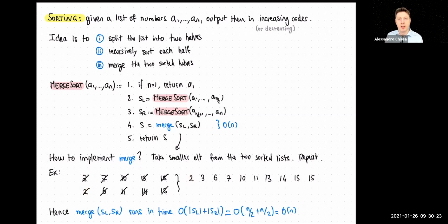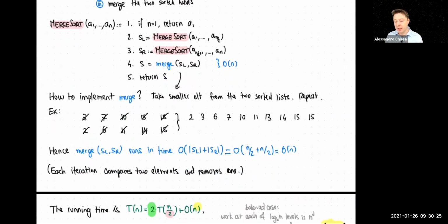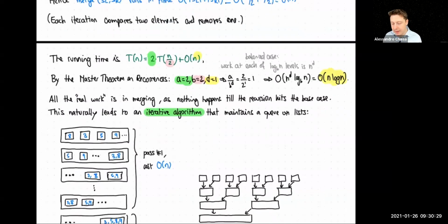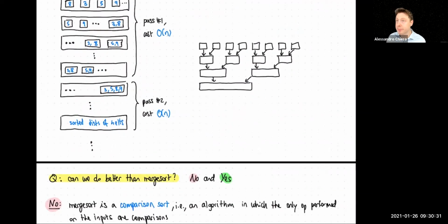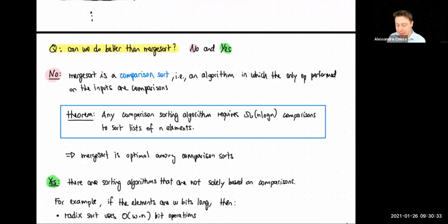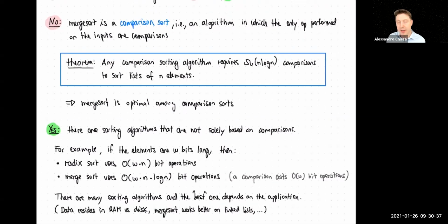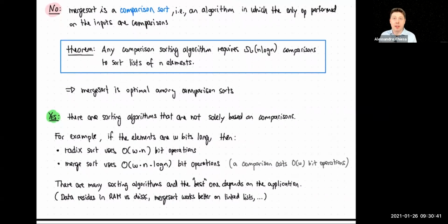So merge sort is clearly a comparison sorting algorithm. And we're saying that within the class of comparison sorting algorithms, it is not possible to do better than n log n comparisons.